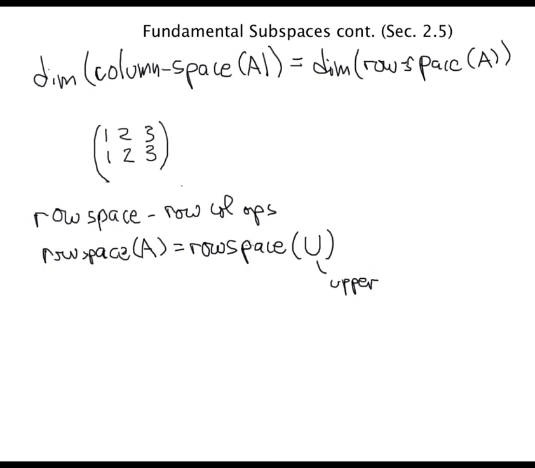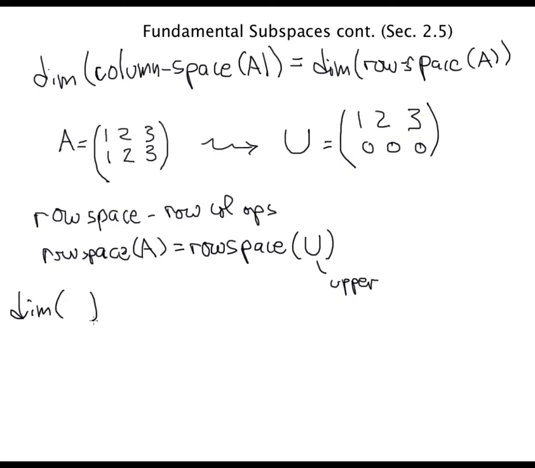And if this is my matrix A, its row echelon form is obviously 1, 2, 3, 0, 0, 0. And the dimension of this row space is equal to 1.